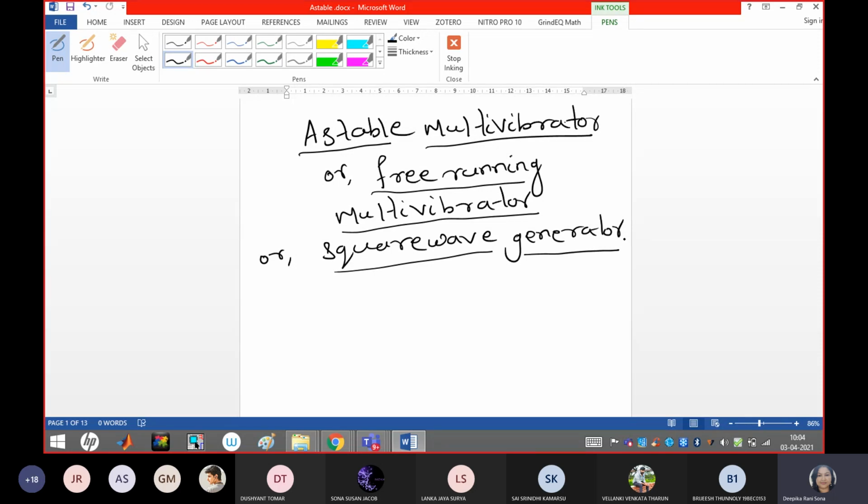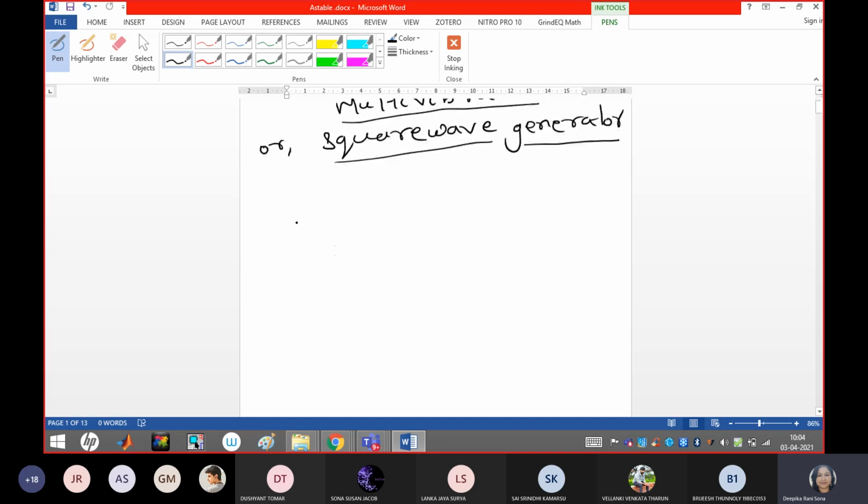Some introduction about the circuit. First let me draw the circuit, then I'll describe its characteristics. Guys, please note down all these things, this is very important. First we have to draw the Schmitt trigger only.